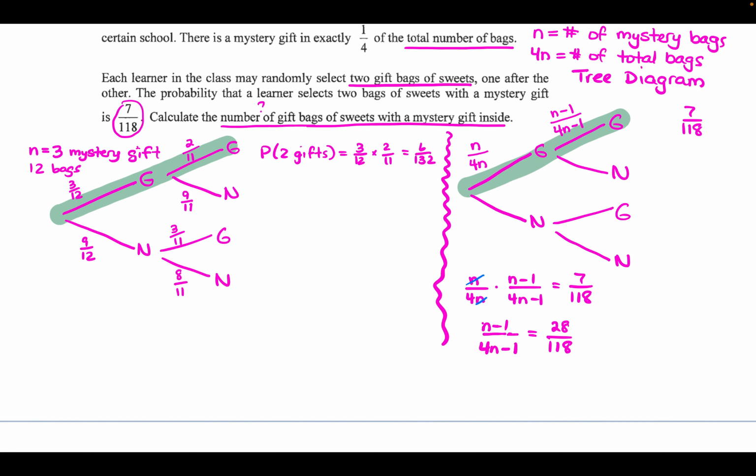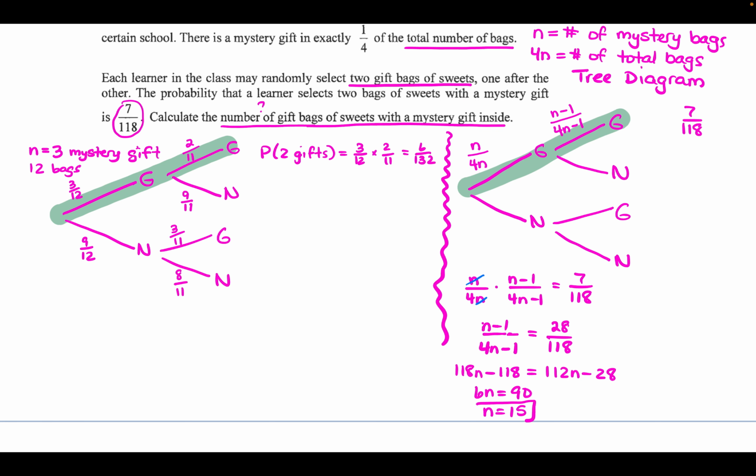And if we solve this linear equation, 118n minus 118 equals 28 times 4 is 112n minus 28. We'll get 6n is equal to 90, so n is equal to 15.